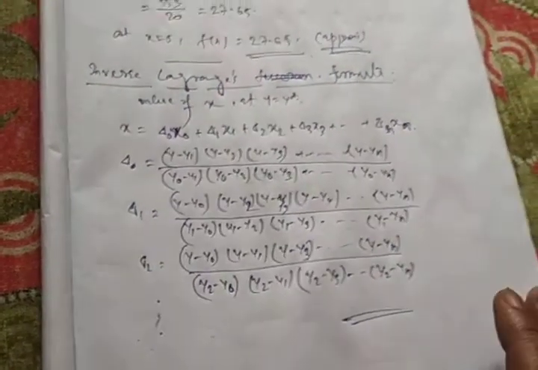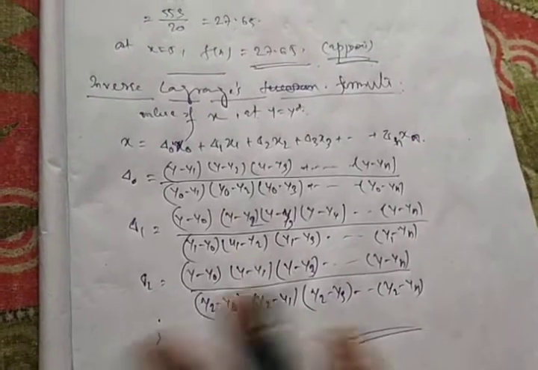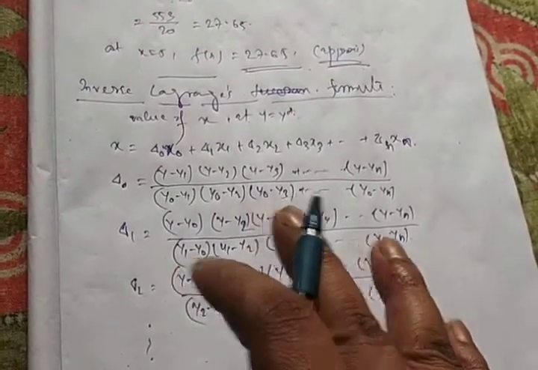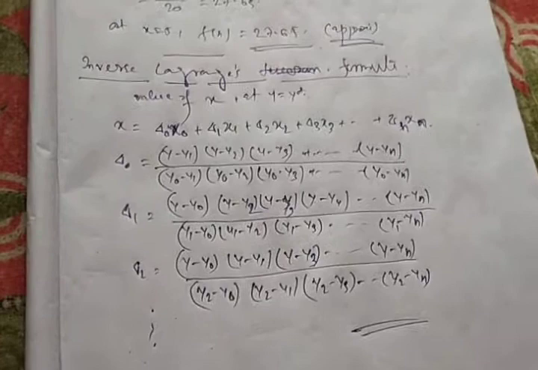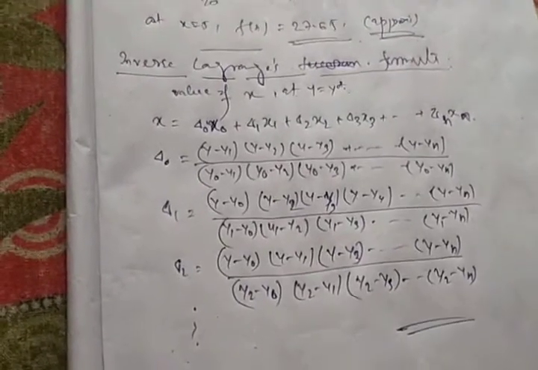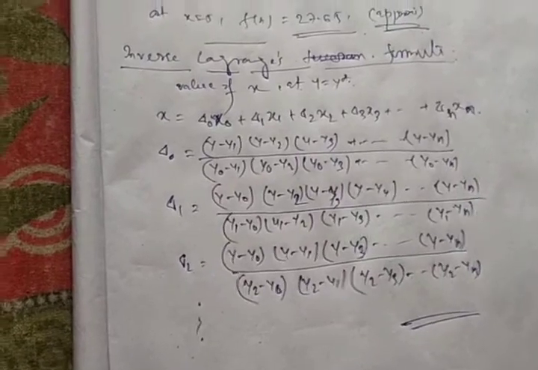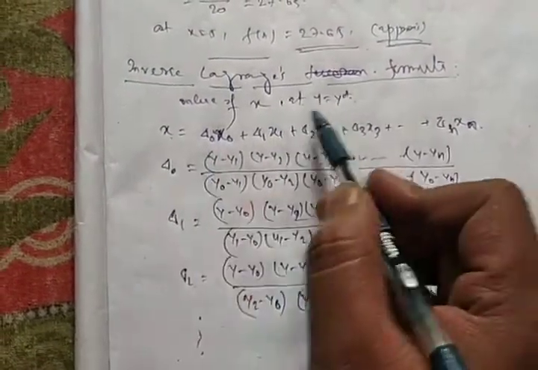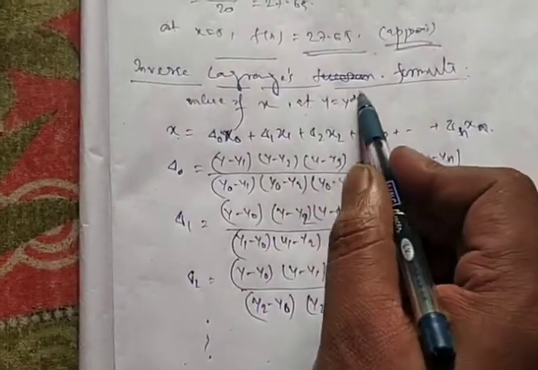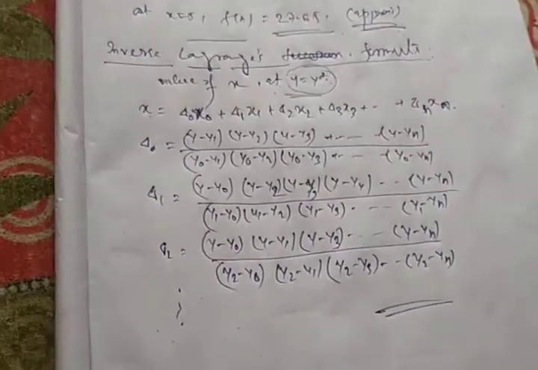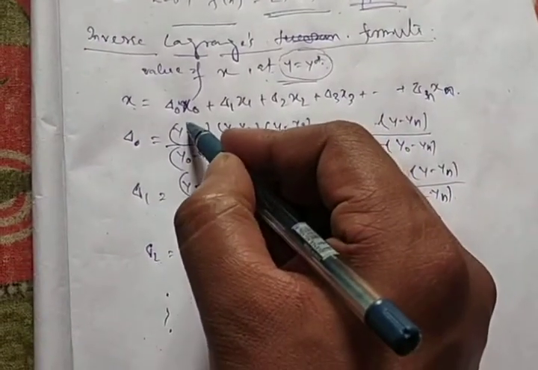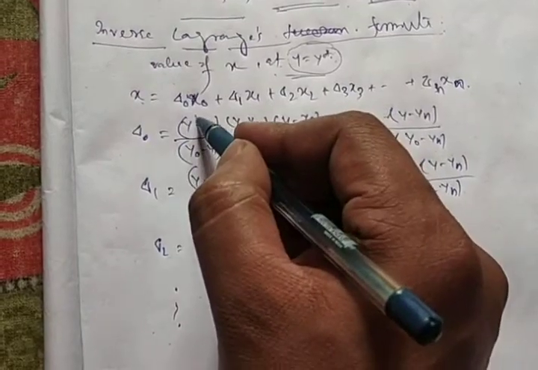So just formula is same. Just in the previous formula, we just replace x by y, y by x. Okay, x and y will be interchanged. Then we will find the given value of x at y equals to y star. Okay, and this y, when we use the formula, this will be the y star.